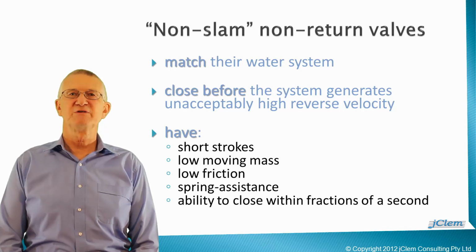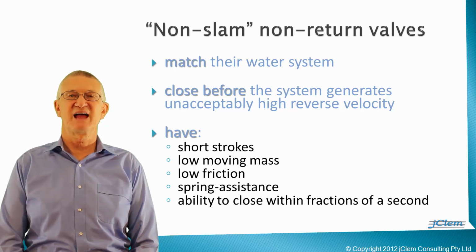To close in a very small fraction of a second, a non-return valve must have a short valve stroke, that is, a gate that moves over a very small distance, low mass in its moving parts, low internal friction, and spring-assisted closure.